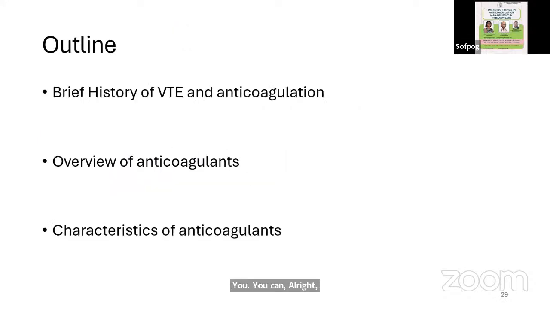And maybe I can ask how many have access to computerized tomography pulmonary angiography, CTPA? Okay, I see about 3 or 4 people raising hands. So how do the rest of you manage?